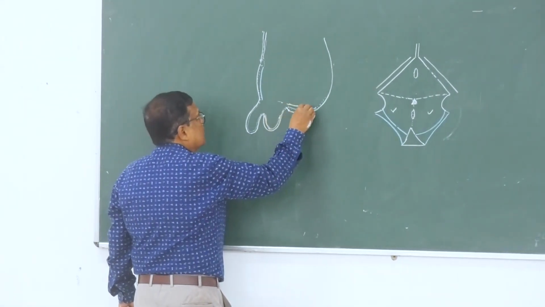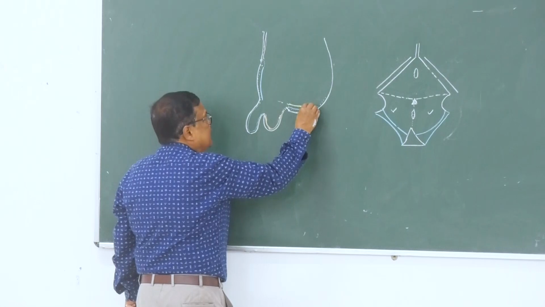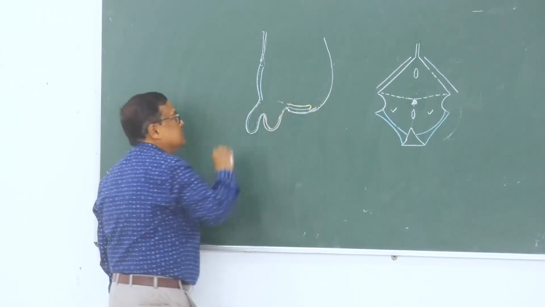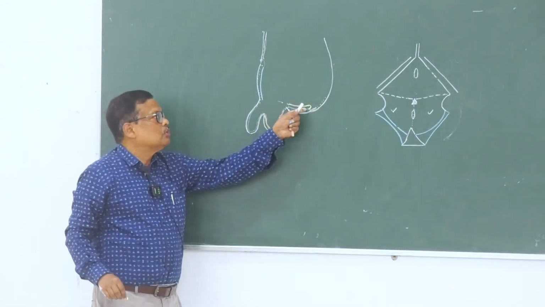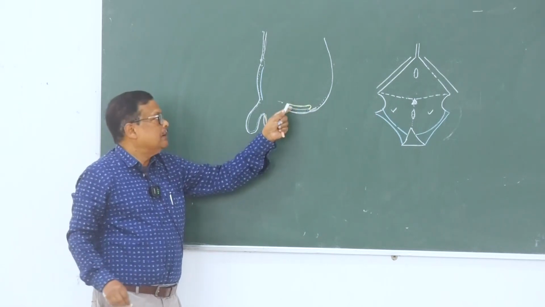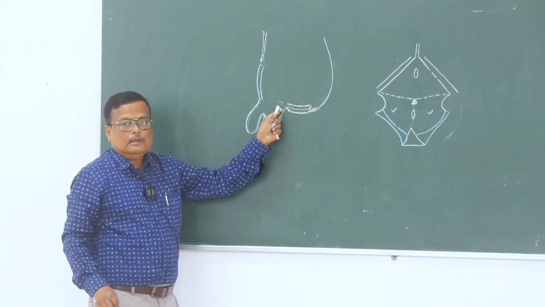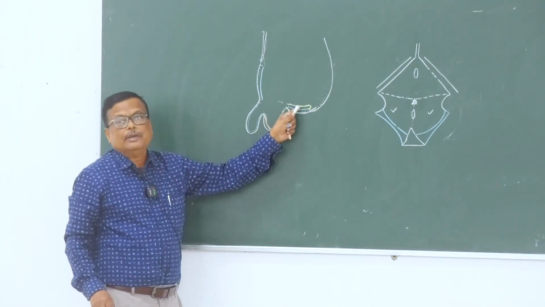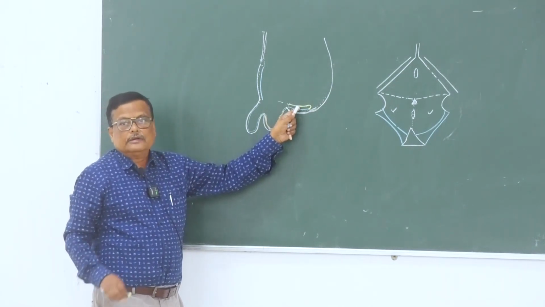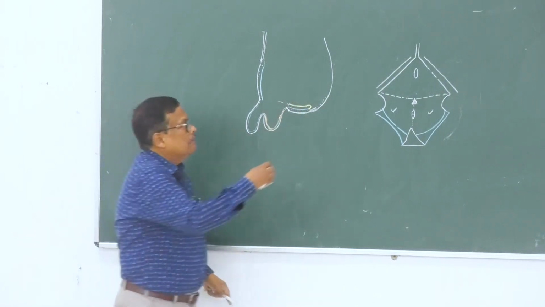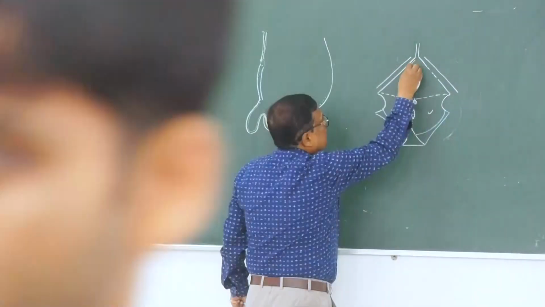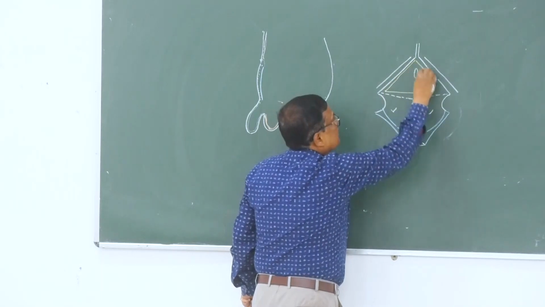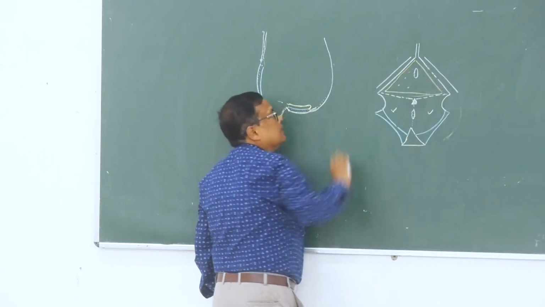This perineal membrane joins with the fascia colles, so it is closed posteriorly, but anteriorly it is open. Above this, this yellow is the perineal membrane. In cut section it looks like that, but in reality it looks like that. Perineal membrane.